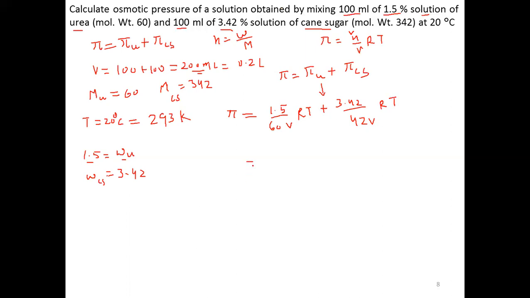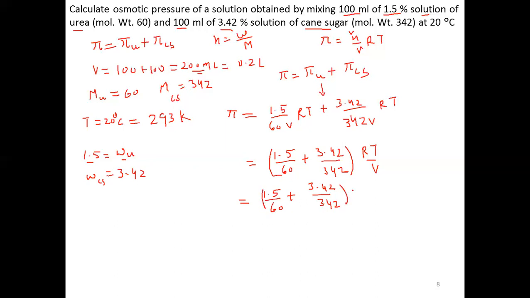RT by V. So pi is equal to RT upon V, which gets common, times 1.5 divided by 60 plus 3.42 divided by 342. The molecular weight is 342.